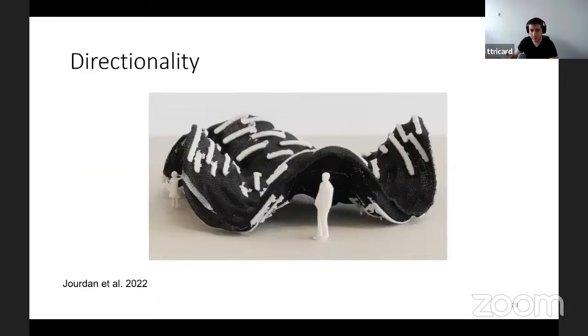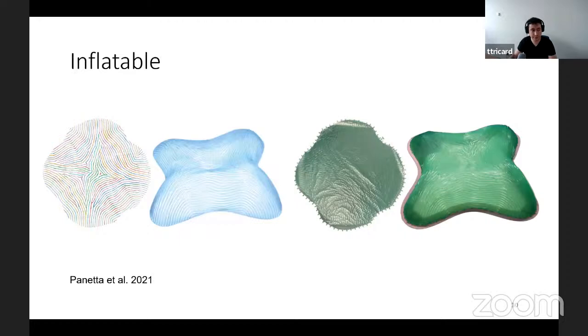This has also been used in this work by Jourdan and colleagues that use the filament to constrain some distance onto the material, and so to constrain also its deformation. This also will be used to create inflatable objects, such as this one by Panetta and colleagues.